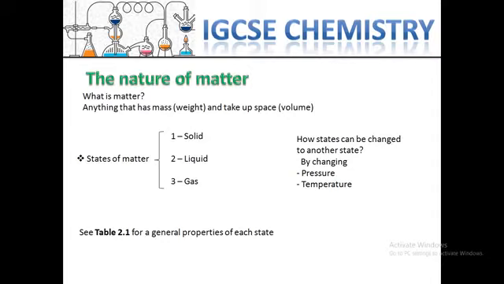That means the matter becomes cold, and we increase the pressure. I will explain more in the next slide. So please look at table 2.1 for general properties of the three states: solids, liquids, gas.